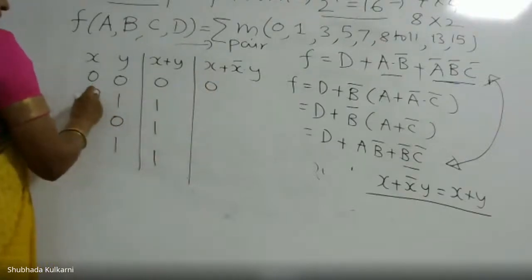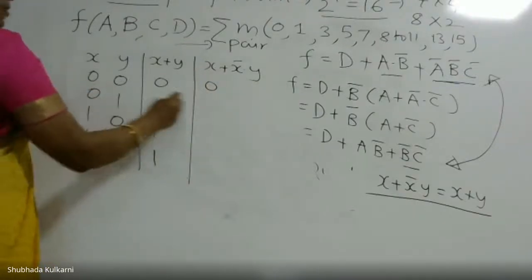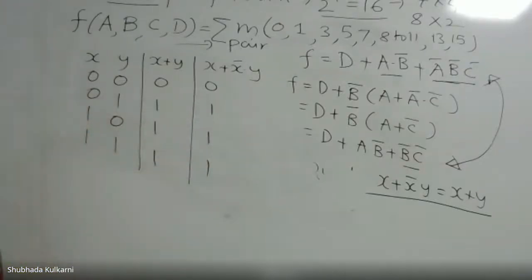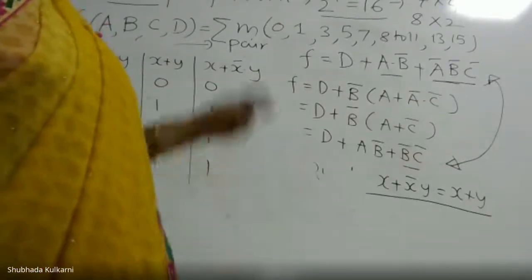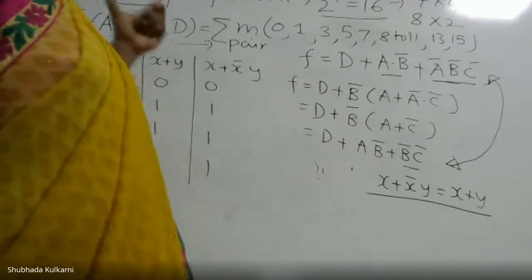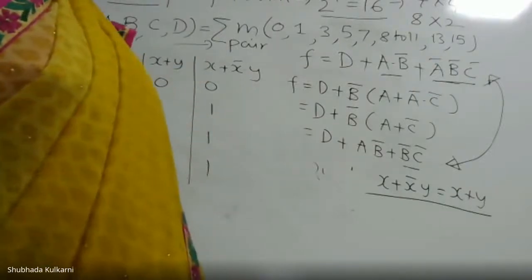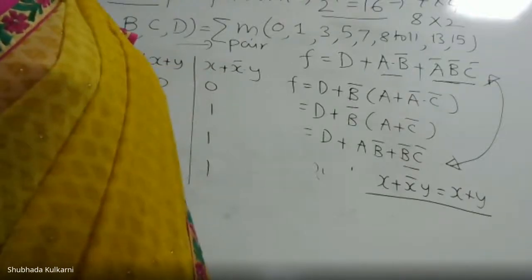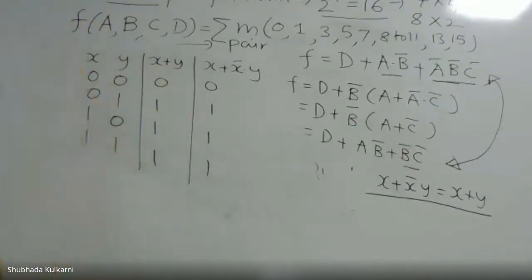X plus x bar is 1, so this is 1. X plus x bar y: 0, 1, 1, 1. This is the proof you get when you write the truth table and put the binary values for x and y. This can be used in simplification whenever you get a step like this: x plus x bar y is equal to x plus y.